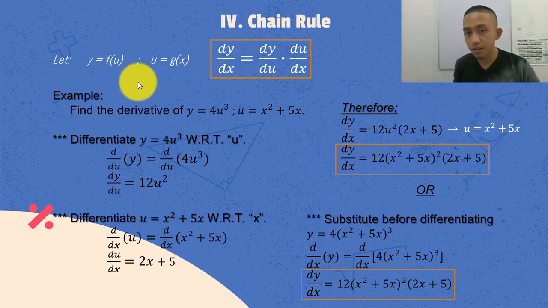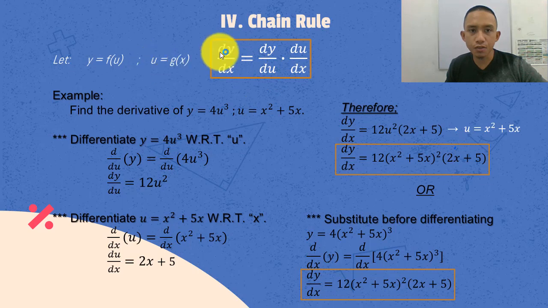But according to the chain rule, the alternative solution is this. If you are finding the derivative, we are talking here of the derivative of y with respect to x, or just y prime. If there is a third variable involved, then in the first equation, differentiate with respect to the third variable u.